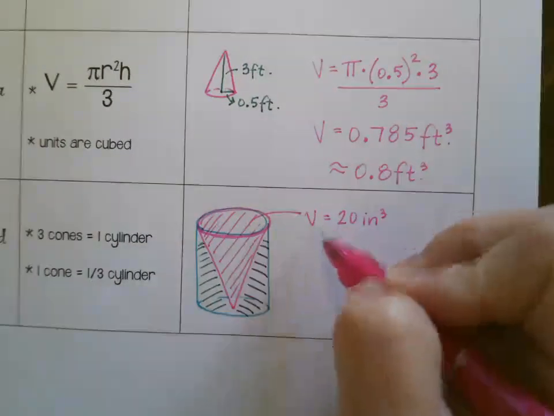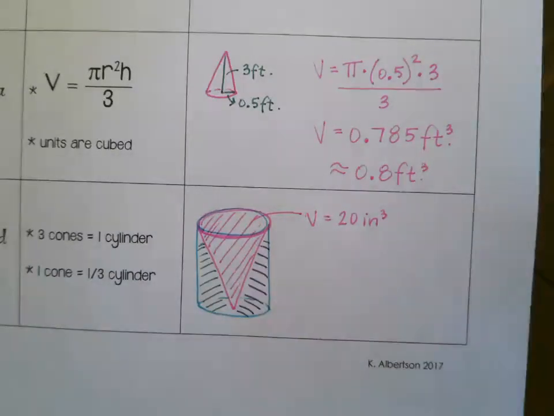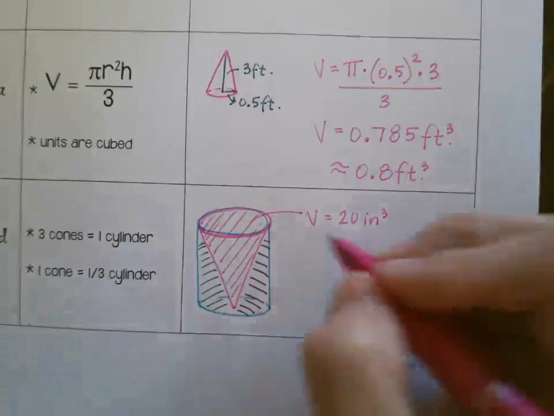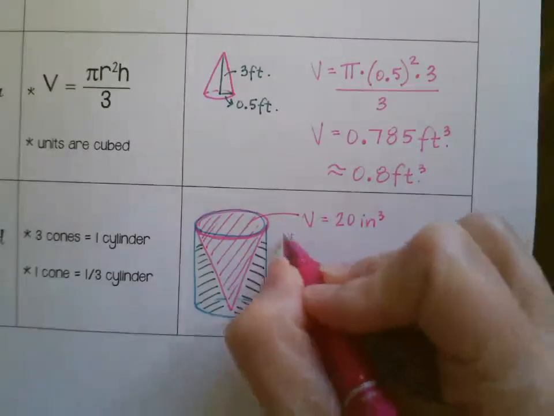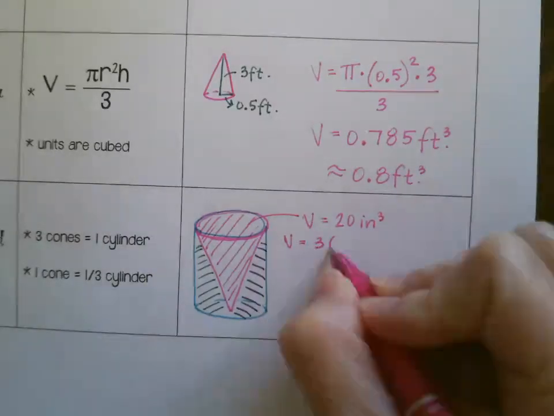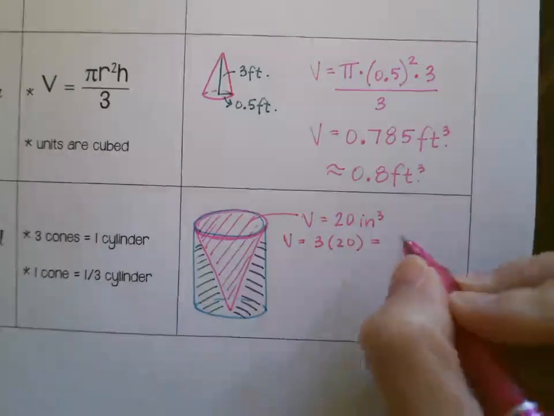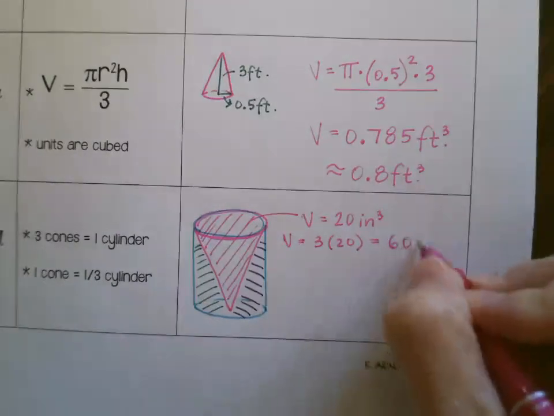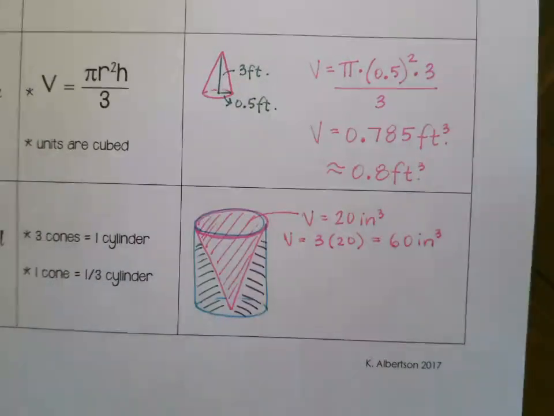So if the volume of the cone is 20 cubic inches, what's the volume of the cylinder? Well, if the volume of the cone is 20, and I know that 3 cones equals the cylinder, then I know that the cylinder must be 60 inches cubed.